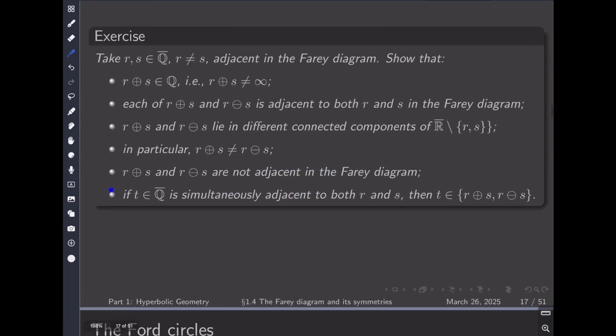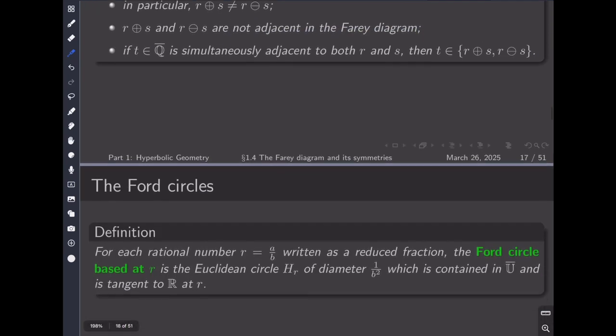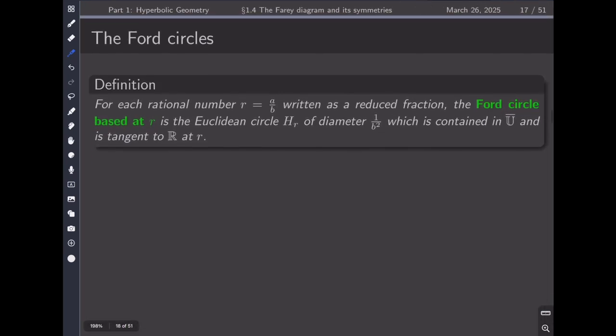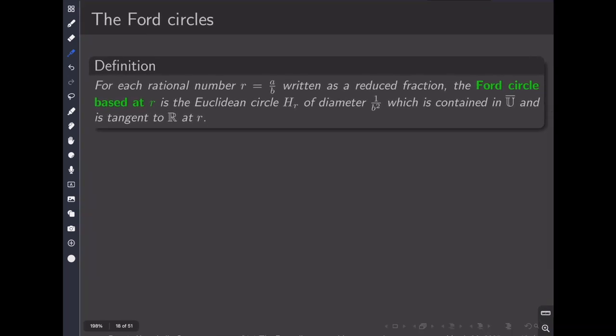It's quite easy. This is an exercise on determinants. Okay, so now let's talk about the Ford circles. For each rational number written as a reduced fraction, we consider a circle. So let me draw the real line.